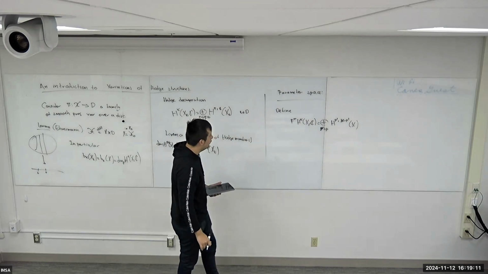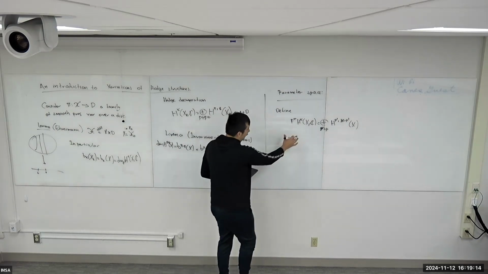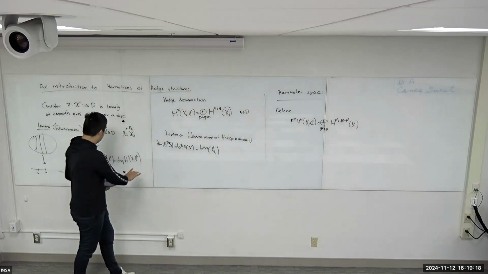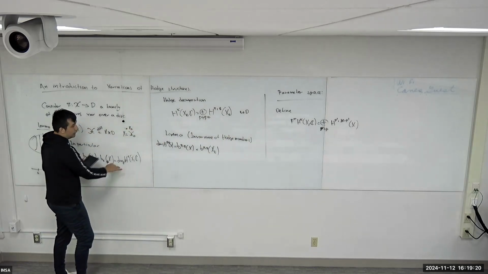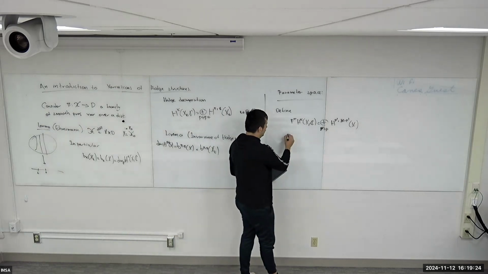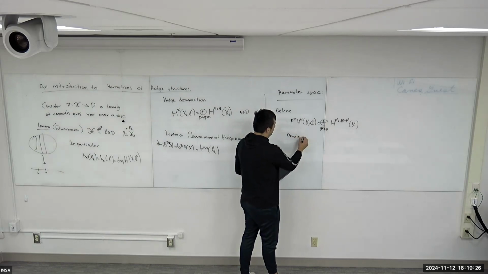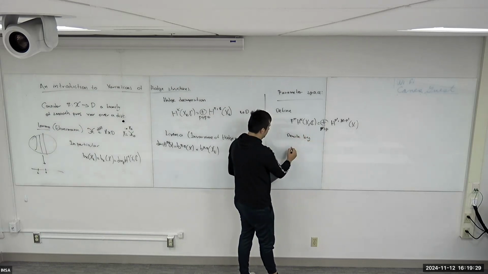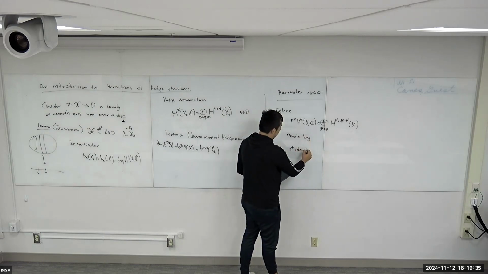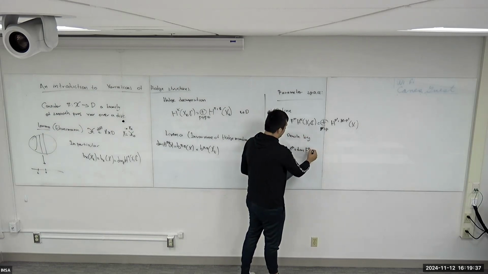I will introduce more notation to encode the dimension. This notation was to encode the dimension of the groups that I had. Now denote by small f^p the dimension of this F^p.